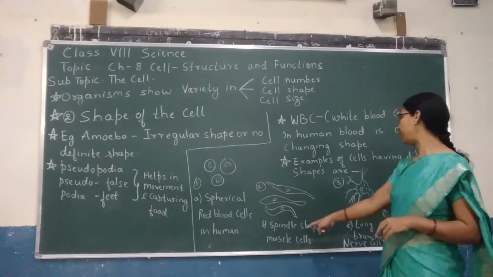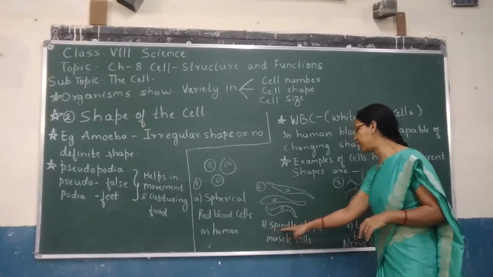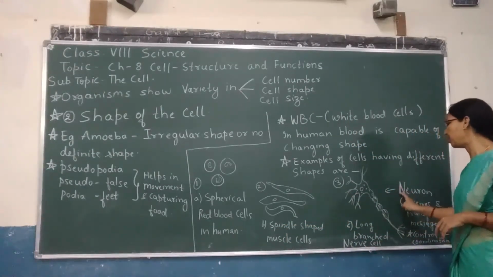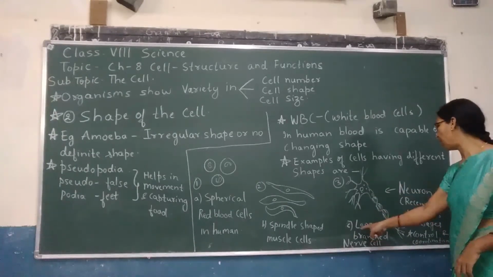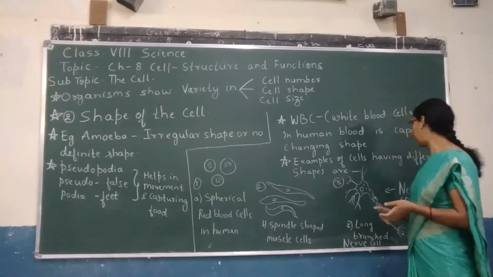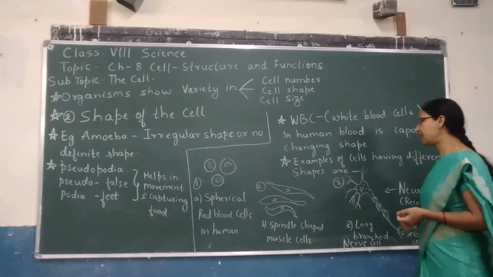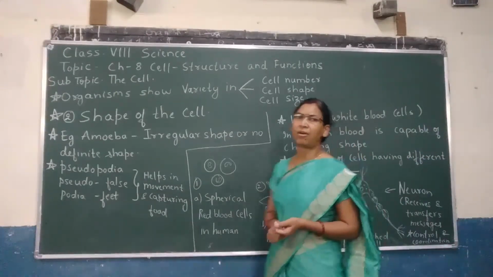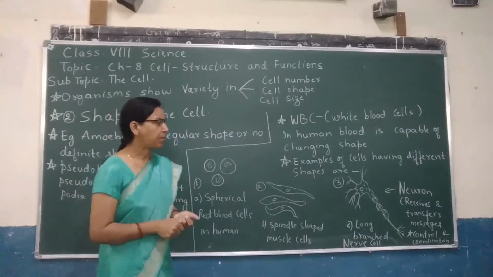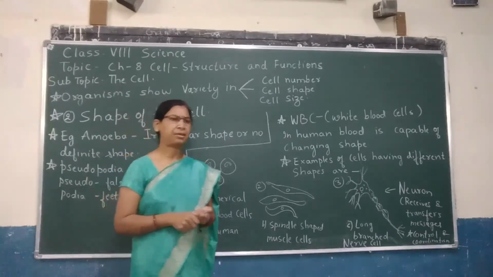The second one is muscle cells, which have a spindle shape. The third one is the nerve cell or neuron, which is very long and branched. What is the function of the neuron? It is receiving and transferring messages from one part of the body to another, and thus it helps in control and coordination.